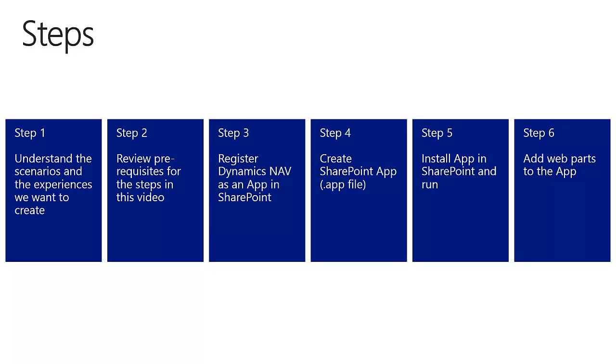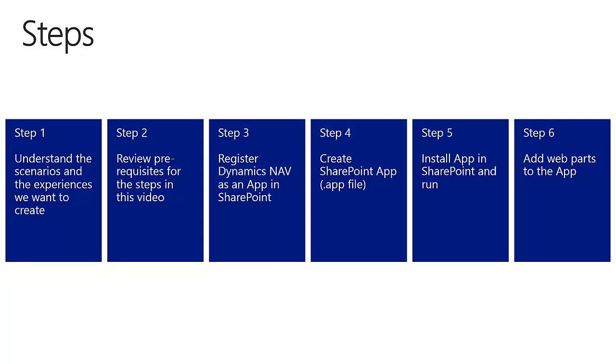In step 1, we will describe the scenarios we want to address and the experiences we want to create. In step 2, we will review the prerequisites for this video. And then we get to the actual steps you need to perform in order to embed NAV on SharePoint. In step 3, we show you how to register NAV as an app in SharePoint, thereby allowing NAV access to SharePoint.